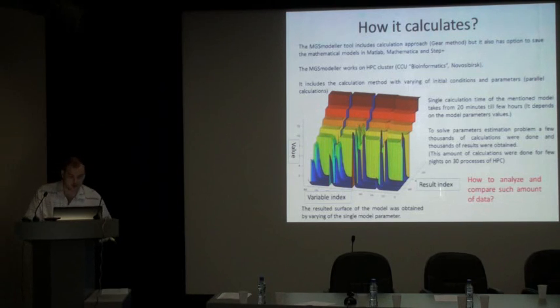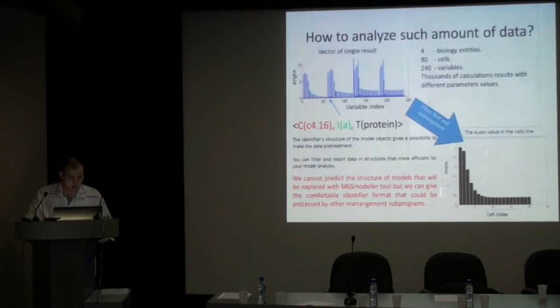So the main question is how to analyze such an amount of data. Even a single result vector is not simple to analyze, as you can see. So what to do with it? As I mentioned, we have the structure identifier. Attributes of the identifier in this case represent the object name, type of the object, and localization in the cell layout.